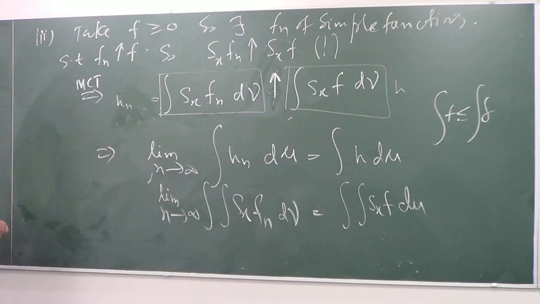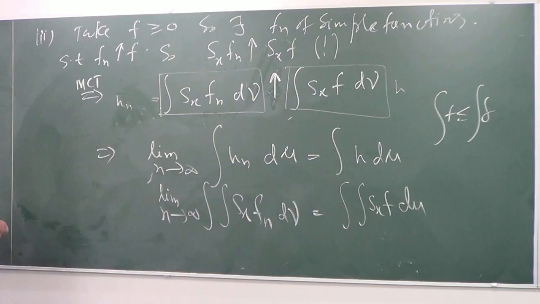Alright, just one last remark. This way of argumentation is called proving something for simple functions and then passing to the limit. So the identity that I wanted to prove, I proved it for the simple functions and then passed to the limit.